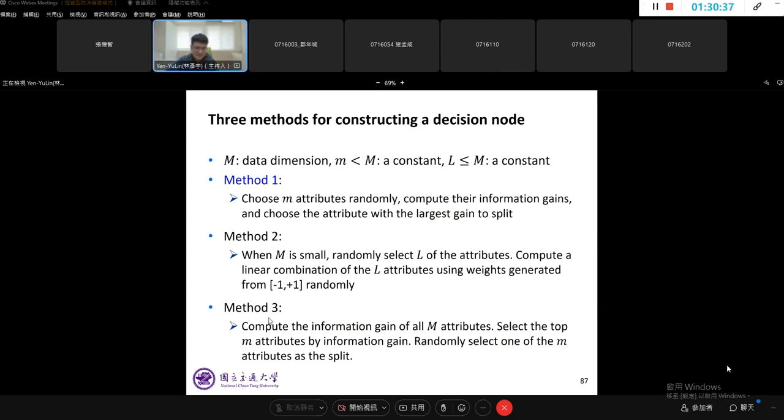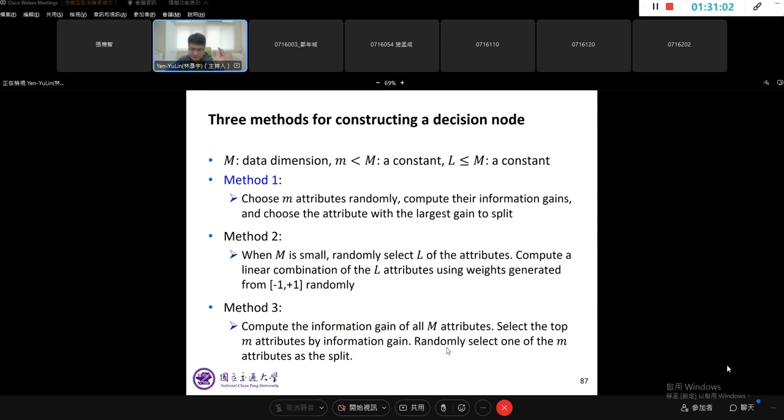Let's consider method number 3. We compute the information gain of M attributes. And we sort the information gain and select the top m attributes according to their information gain. In this situation, we have m choices.